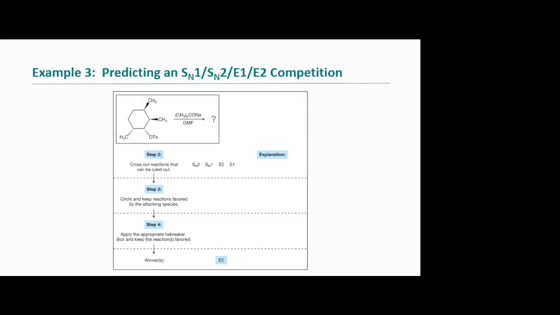So at this step, we would still have all of those in the running, and then we would cross off the E1 and SN1. The SN2 and E2 are still going to be left behind.